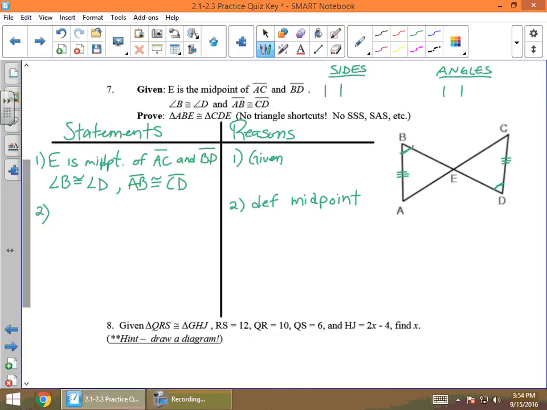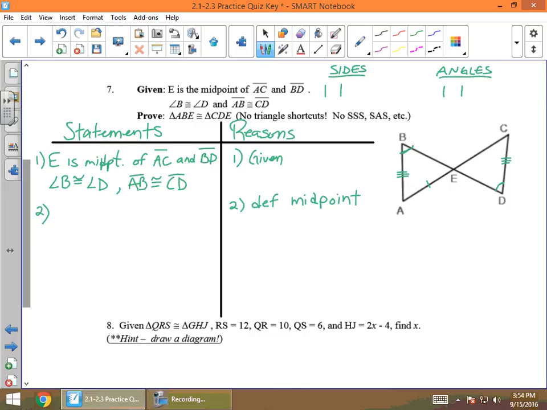And that's absolutely true. So I'm going to first look at E as being the midpoint of AC. So look over here. I want to highlight AC. There's AC. And if I were to say that E is in the middle of A and C, then that should mean that AE and EC are the same distance apart. So let's do that.